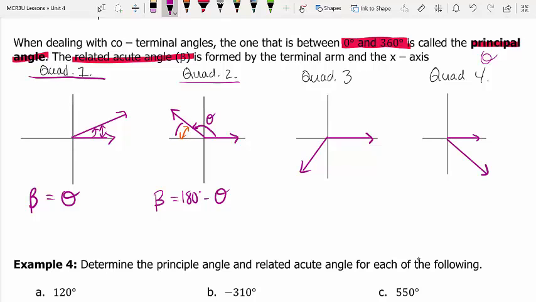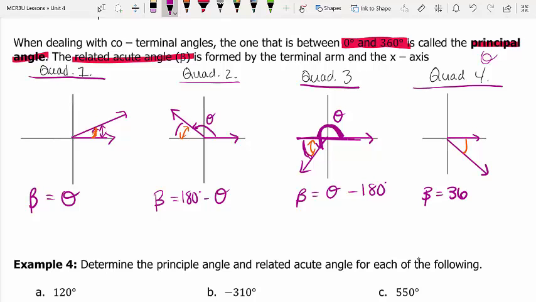If your terminal arm ends up in quadrant 3, to find the related acute angle, you take the principal angle and subtract 180 from it, and whatever's left over is the related acute angle. If your terminal arm ends up in quadrant 4, you go 360 degrees minus your principal angle, and whatever's left over is your related acute angle.